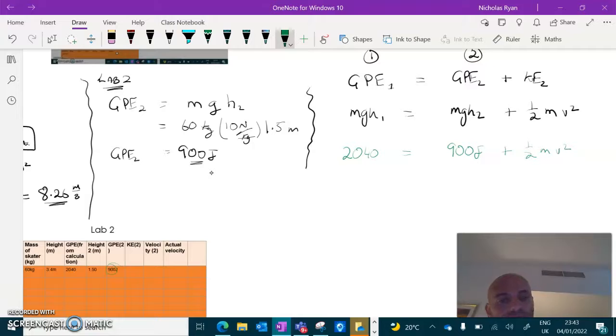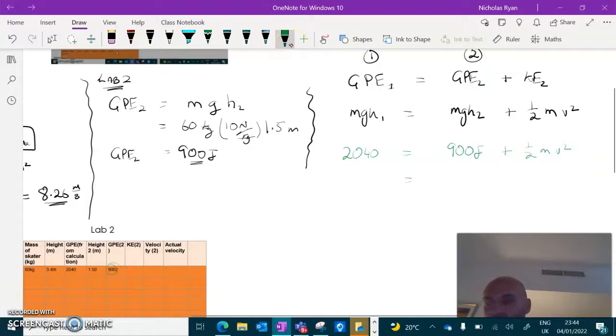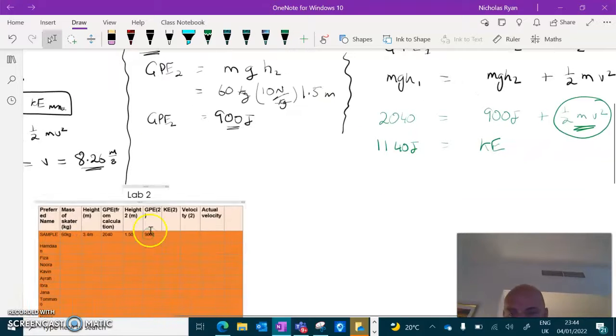So I'm going to subtract the 900 from both sides, and that leaves me with 1140 joules of kinetic energy. So that's the kinetic energy that I should be putting in here. That's 1140 joules of kinetic energy.